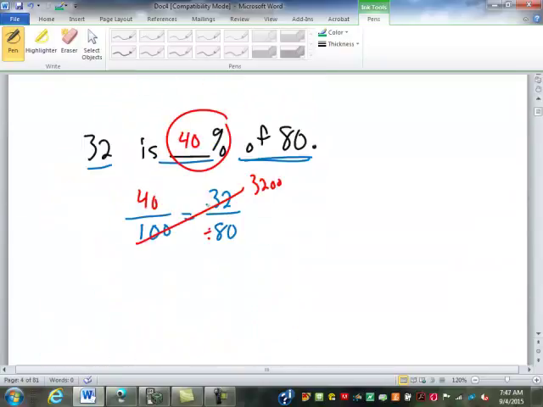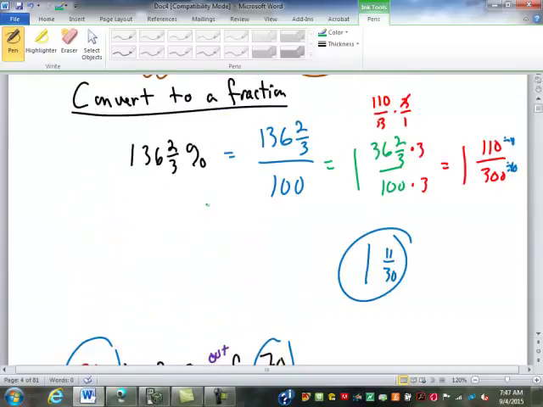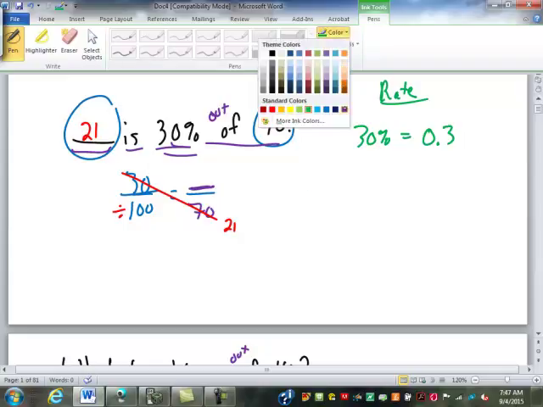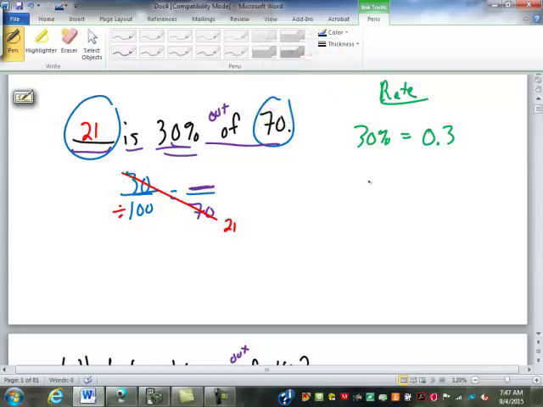But let's go back through these problems here again and use the rate method. So here, blank is 30% of 70. So 30% is turned into a rate of 0.3. And then to solve that, I would do 70 times 0.3 is 21. I get my answer.